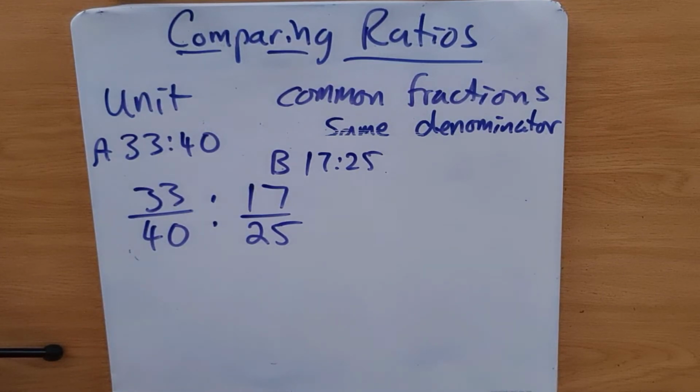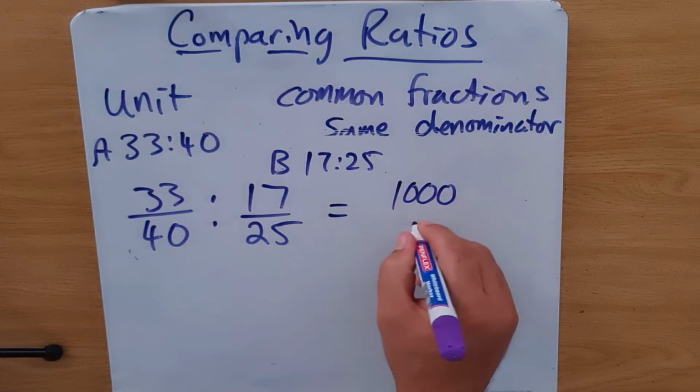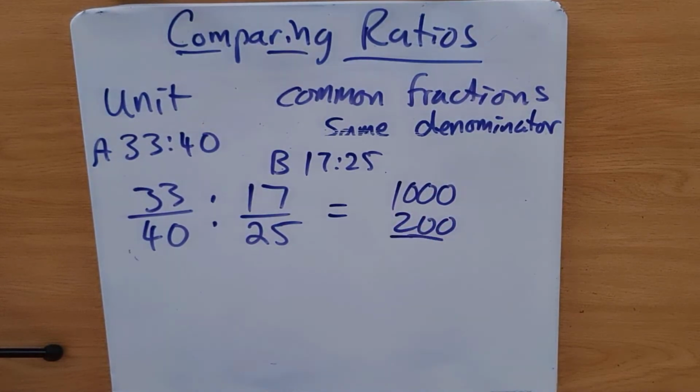But I now need to get some sort of common denominator, a number that both of these can divide into. Now I'm going to do this so that you don't have to. But two of the common denominators that I can use are 1,000 and also 200.